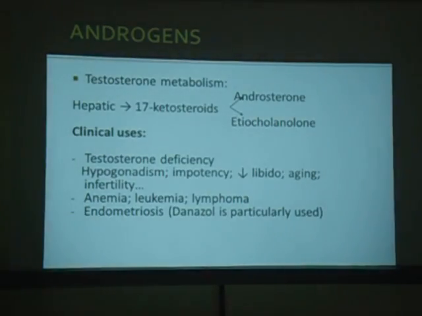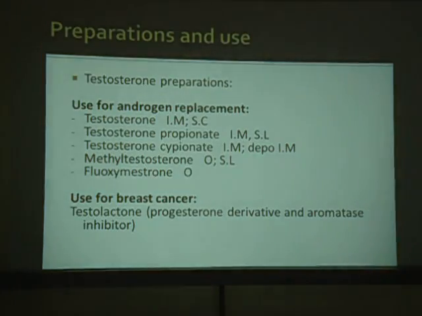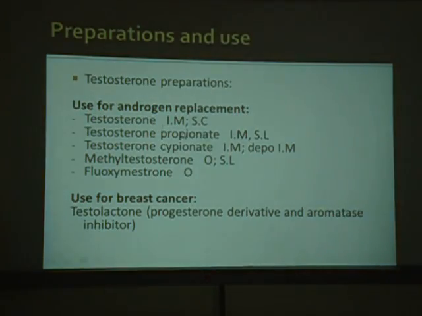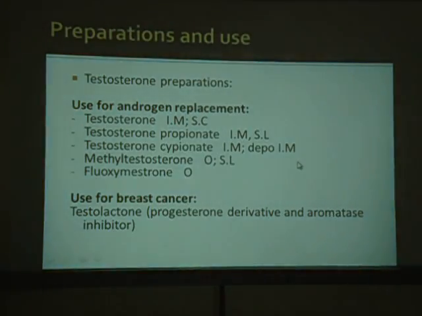Anemia, I told you we have better products now. Leukemia, lymphoma, endometriosis: in all these areas they are tried. So testosterone preparations for androgen replacement: we have direct testosterone, synthetically prepared, for intramuscular and subcutaneous injection. Testosterone propionate, cypionate, methyltestosterone, O stands for oral, S for sublingual, and depot.